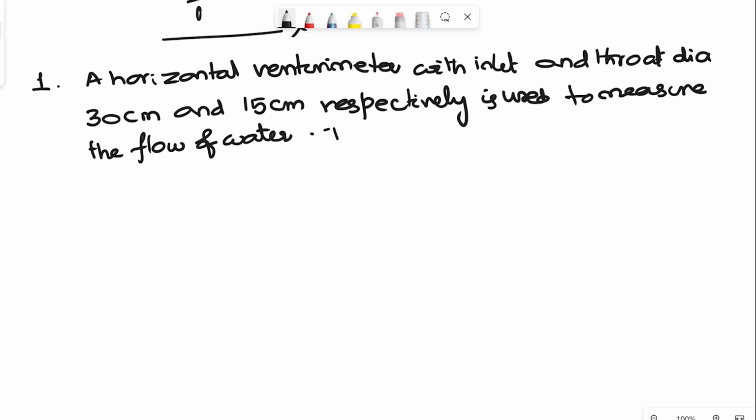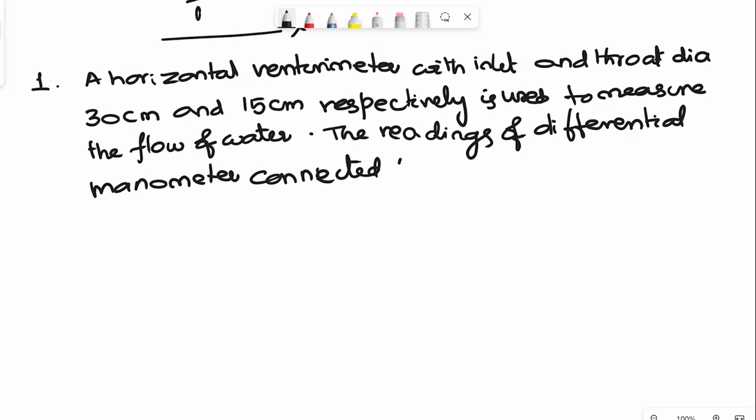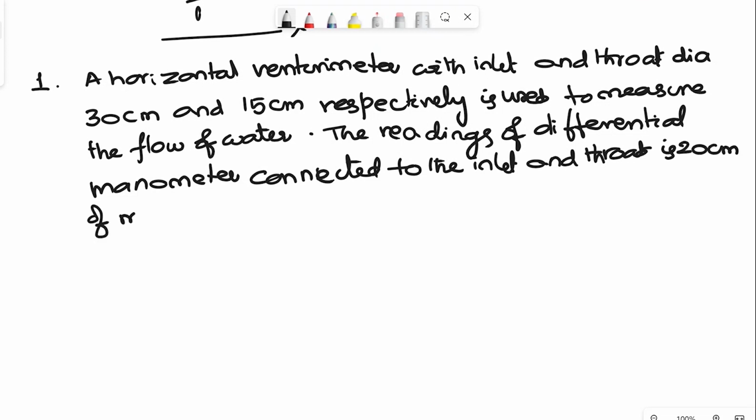The reading of the differential manometer connected to the inlet and throat is 20 centimeters of mercury.